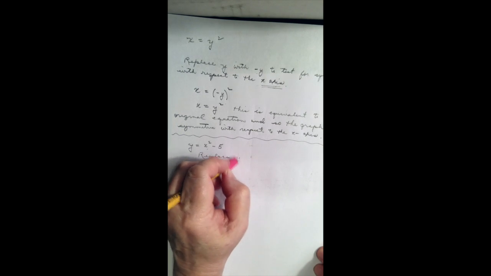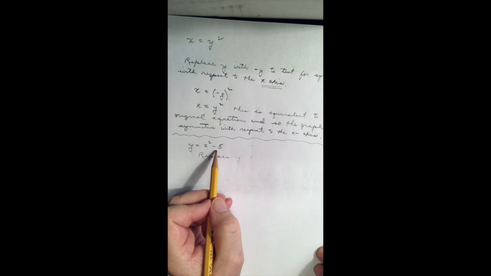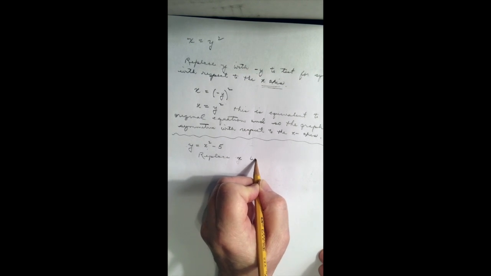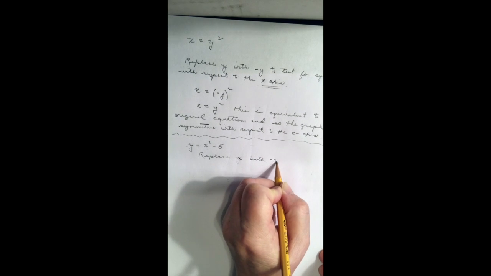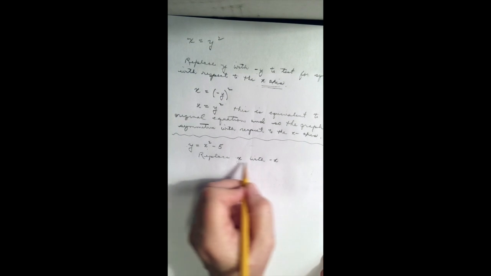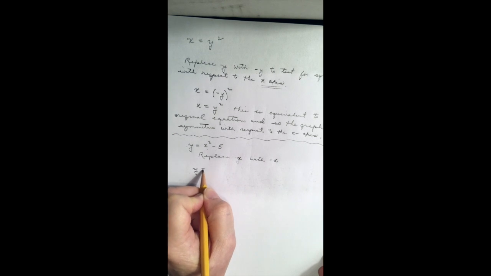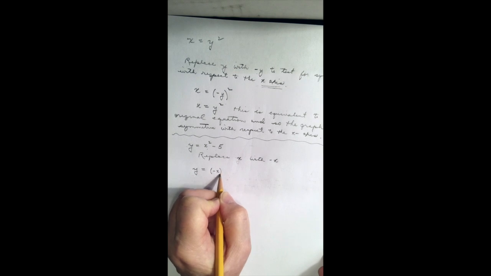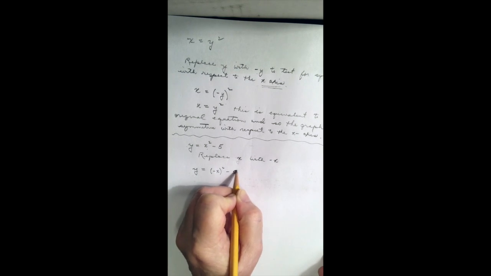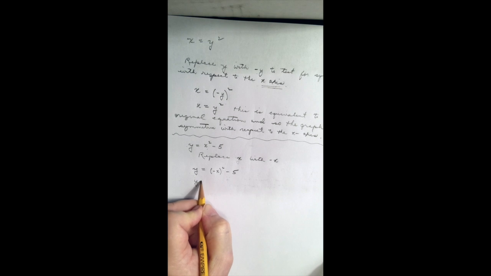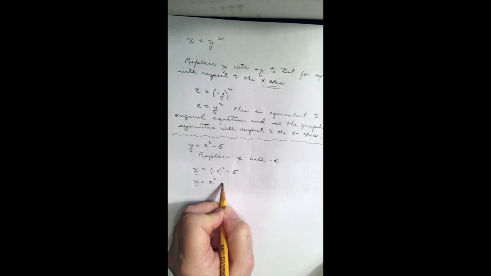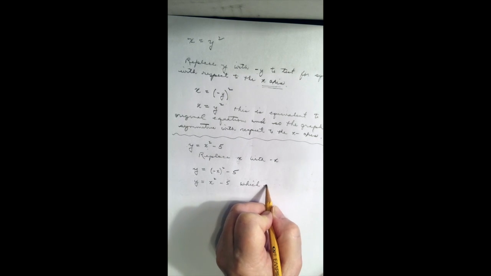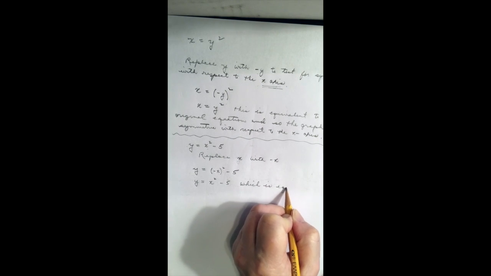I don't think I said that right. We're testing for symmetry with respect to the y-axis, so we replace x with negative x. And so we'll have y equals negative x quantity squared minus 5. And if we simplify that, we get y equals x squared minus 5, which is equivalent to the original equation.